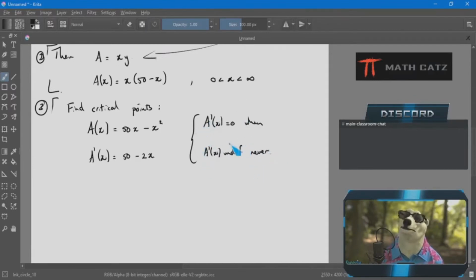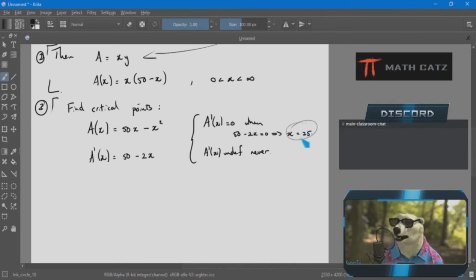But I do have to remember that both of them could give me some x values. So for the 0, I could just set this equal to 0, and then solve for x. Let's maybe have some space over here, and that is going to give me x equal to 25.